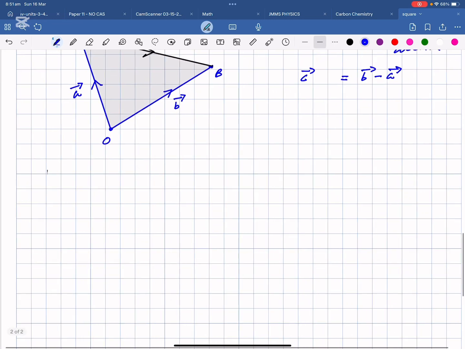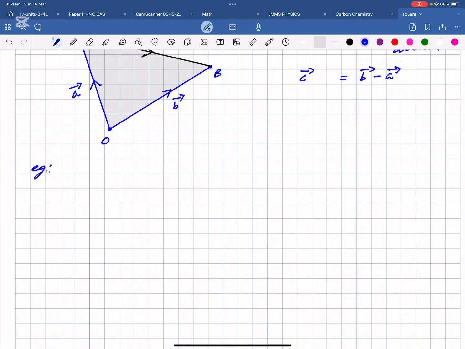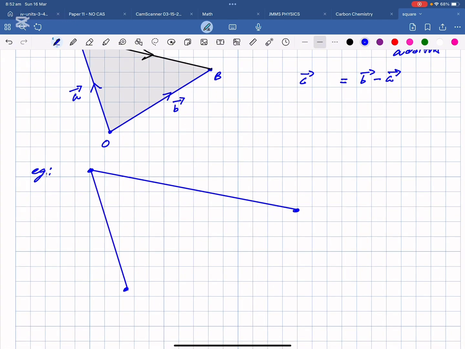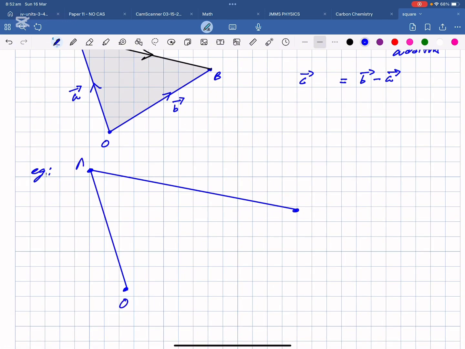Let's think about another one. You have a vector from here to here. This is O, this is A, this is B. So I'm going to say this is a simple A vector. I'm going to say this guy is B vector, for example. Right?